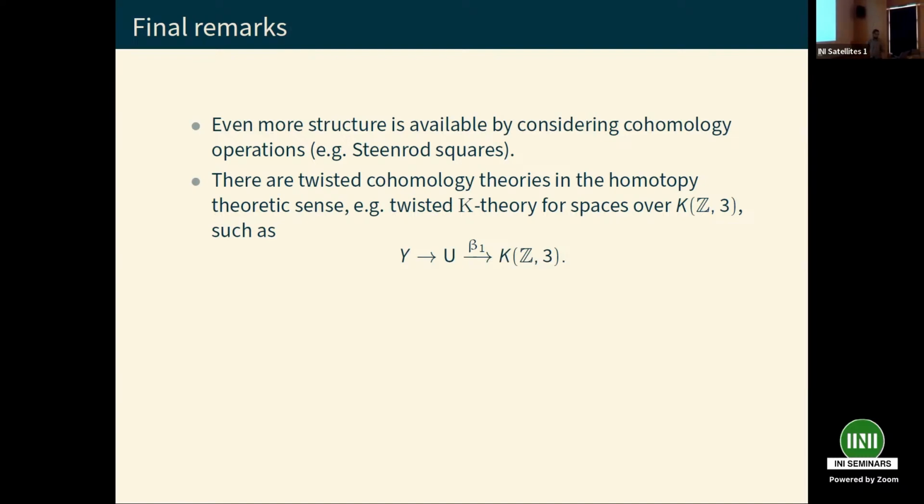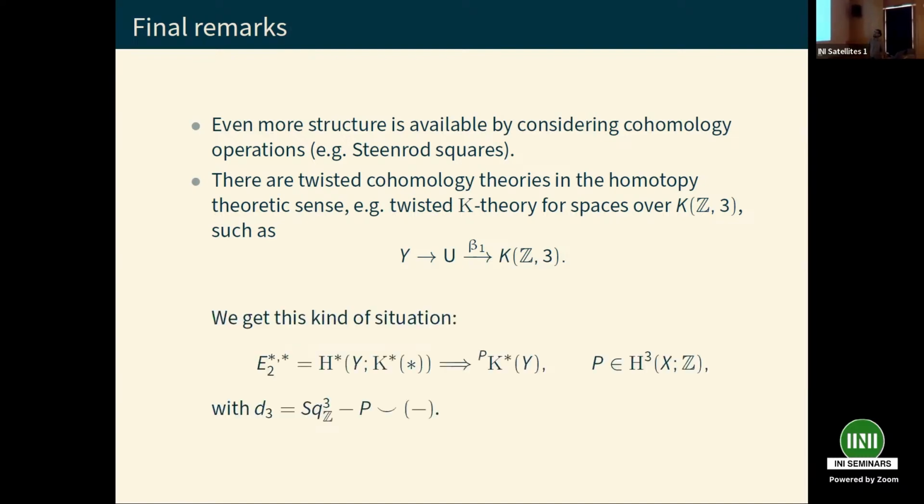And then these twisted equivariant homologies are more refined versions of what we just did. In this kind of situation, you can get a spectral sequence like this, the Hirschberg spectral sequence for twisted K theory.